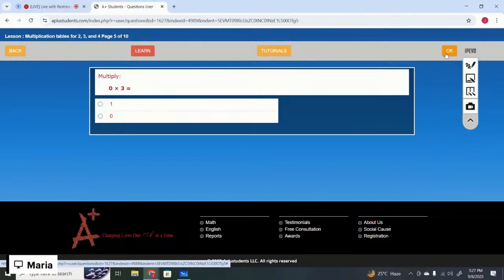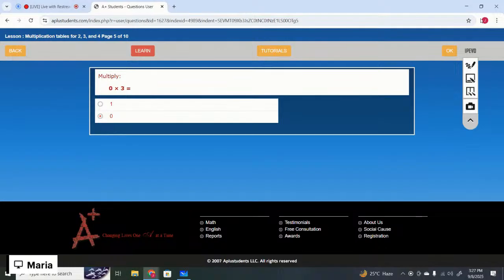3 times 0. So any number when multiplied with 0, the answer is always 0. Option number 2 is the correct option.